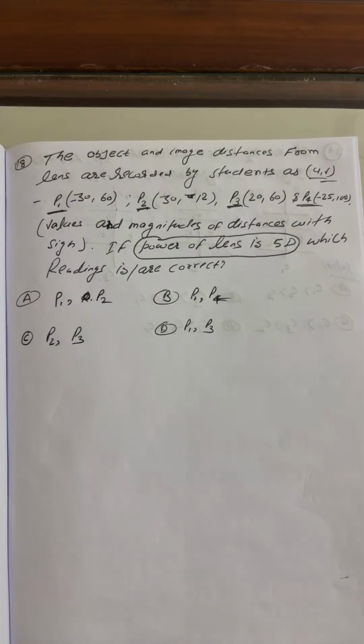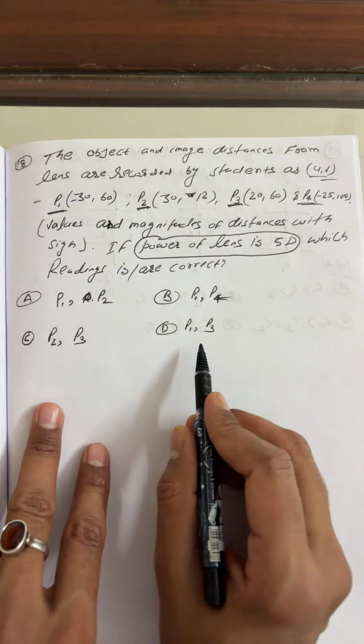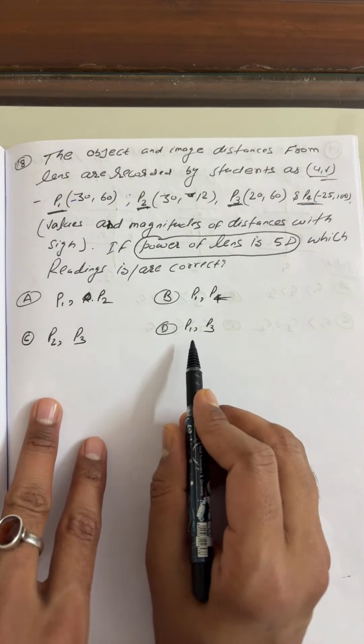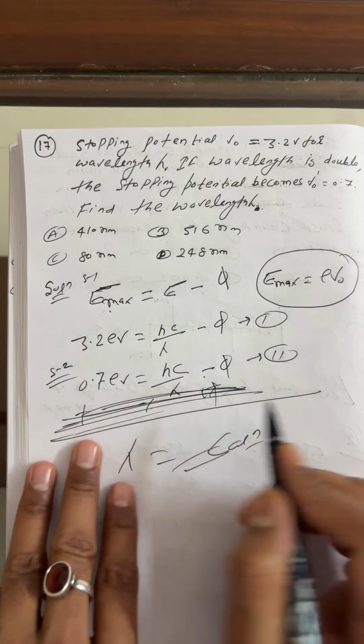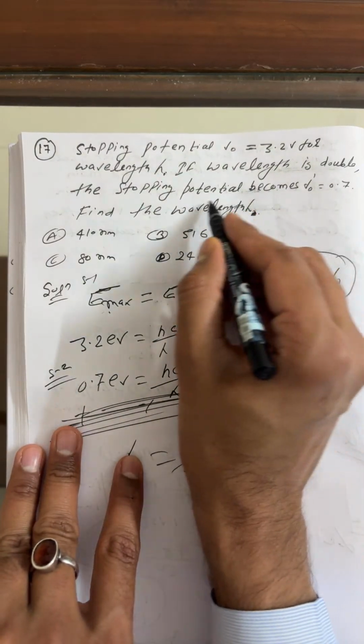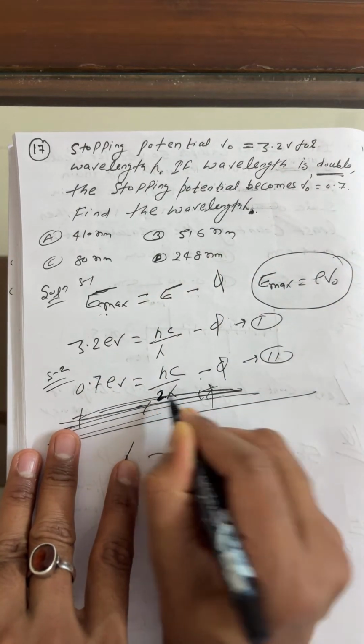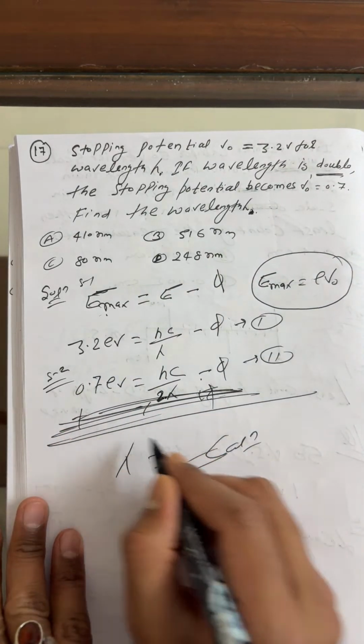Then we'll go through this. For this question, this is true: we have to just subtract because the wavelength is doubled. That is true, what I said.